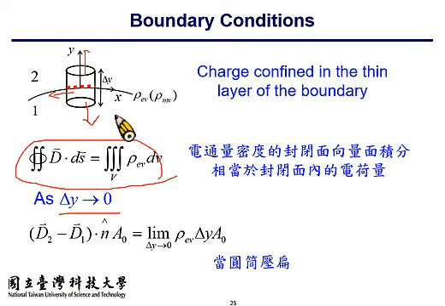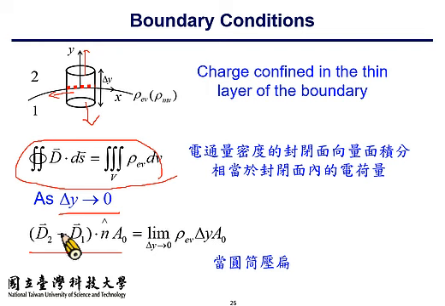When delta y approaches 0, we only need to account for the electrical flux going up and going down. So you are extracting the normal component of D1 and D2 at the interface.